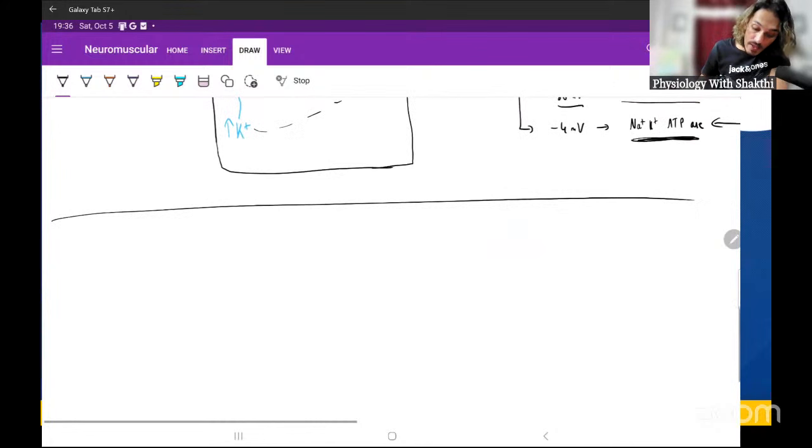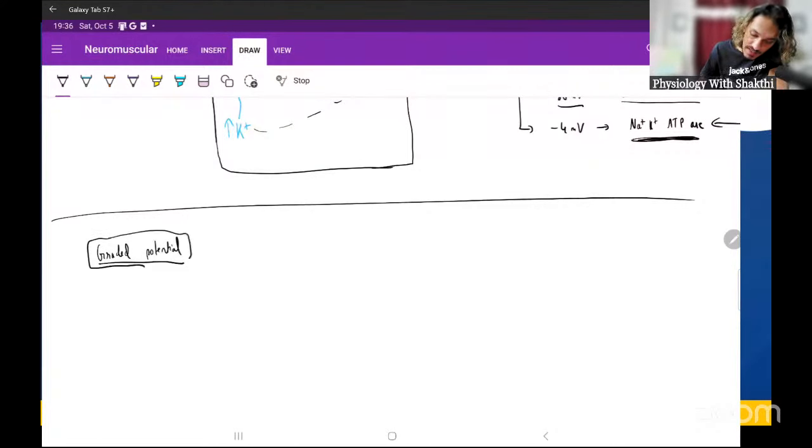So this is where you have to understand what a graded potential is. This in different systems will have different terminologies: something called a receptor potential, a term called end plate potential. So you will have the same thing in different chapters throughout physiology, named as different things. But ultimately, what is a graded potential?